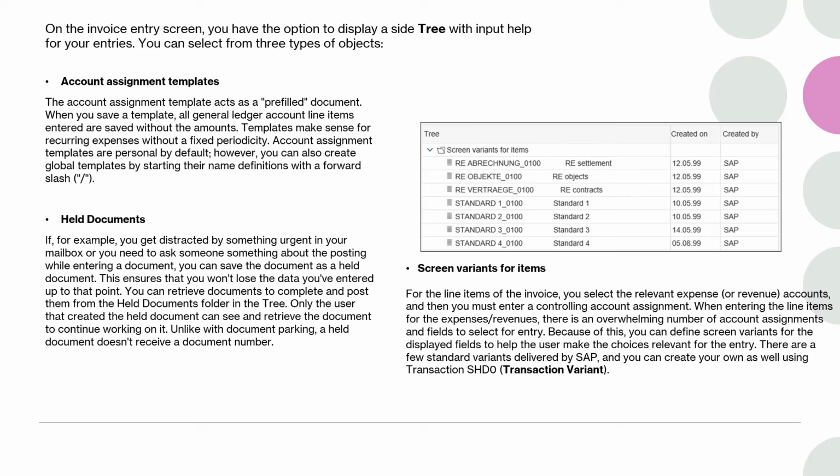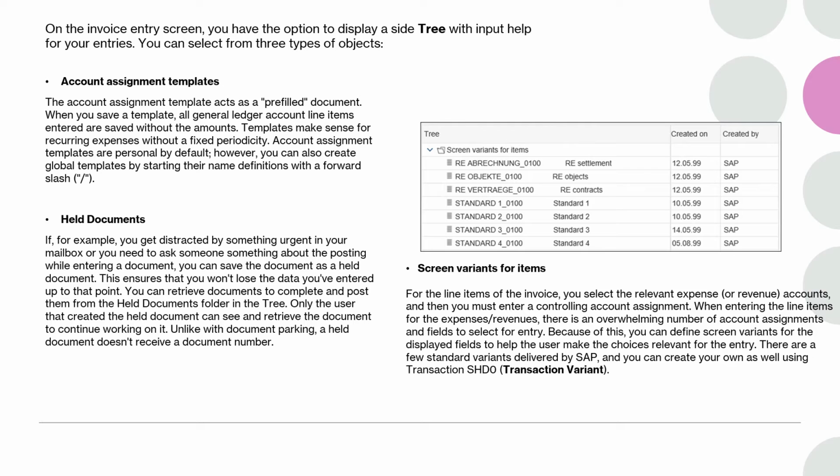Because of this, you can define screen variants for the displayed fields to help the user make the choice relevant to the entry. There are a few standard variants delivered by SAP, and you can create your own as well using transaction SHD0. That's a transaction variant.